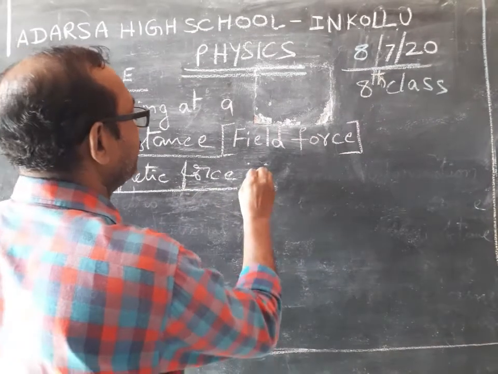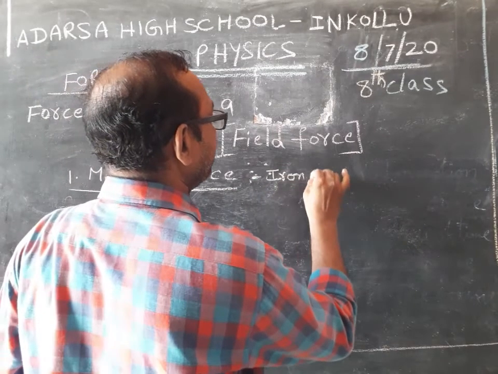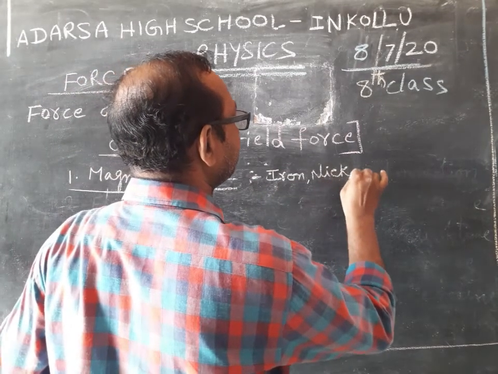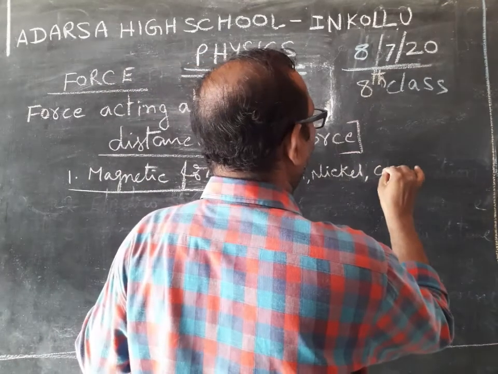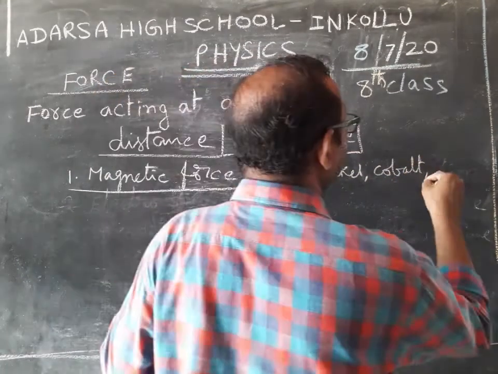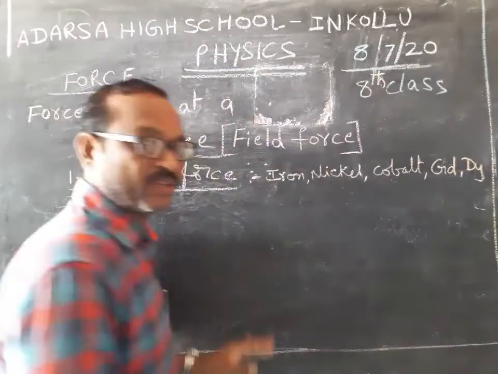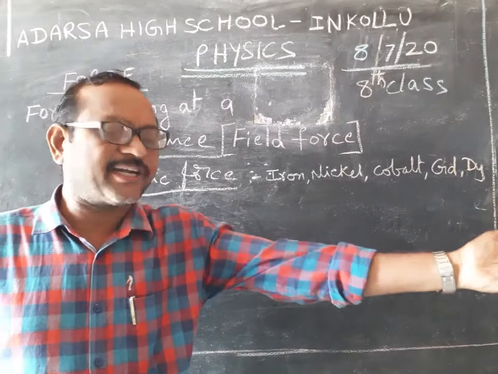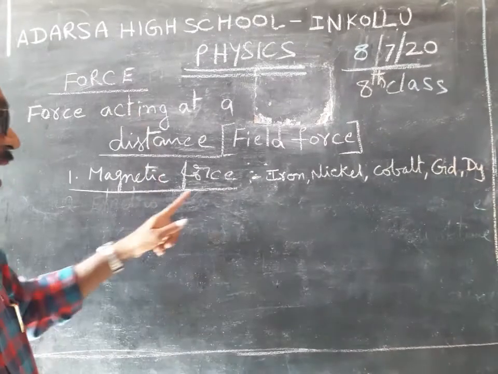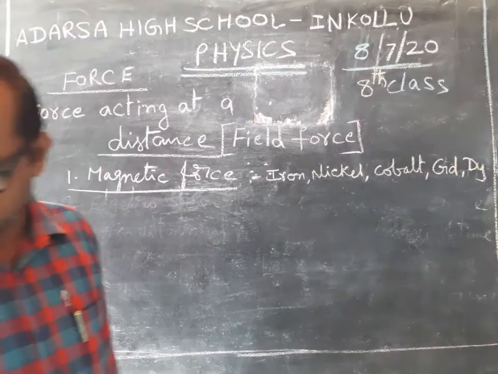Magnetic force attracts iron, nickel, cobalt, gadolinium and dysprosium. One metal does not attract the other metal, but a magnet attracts the iron, nickel, cobalt, gadolinium and dysprosium.